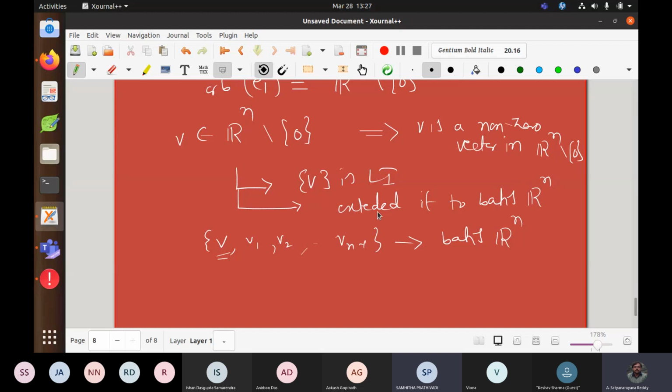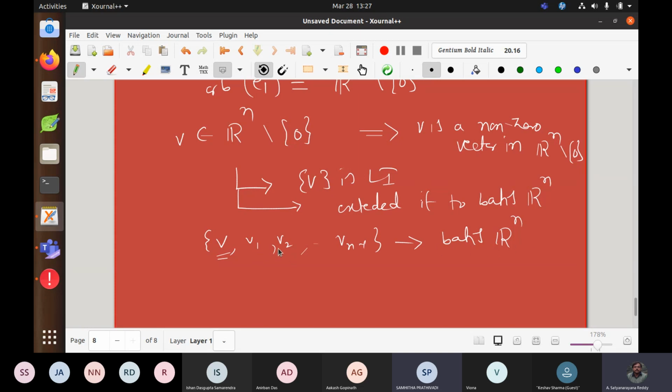Now there is a very basic result in linear algebra, that every linearly independent set can be extended to form a basis of the vector space. So I am using that result. A single non-zero vector is always linearly independent, so it can be extended to form a basis for Rn.